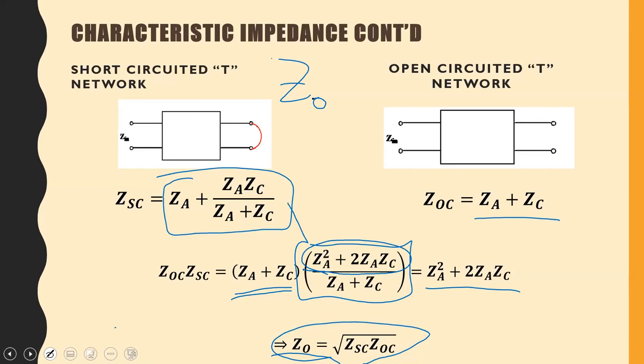Then we said that the value of iterative impedance will be dependent on which port is taken as input and which is taken as output. And the third thing we said was that if the network is symmetrical, then this impedance is known as the characteristic impedance.